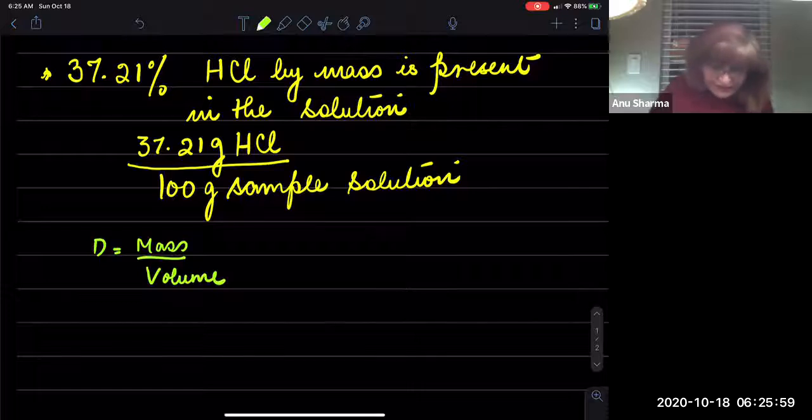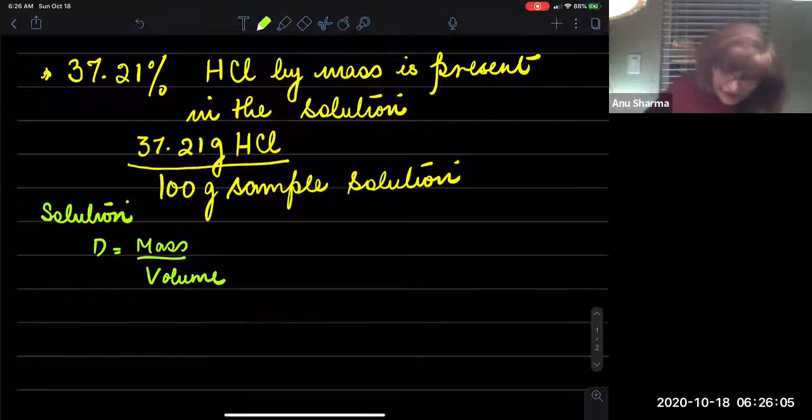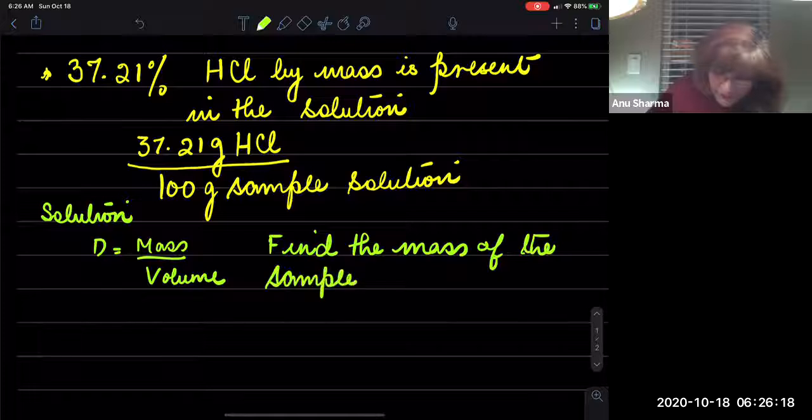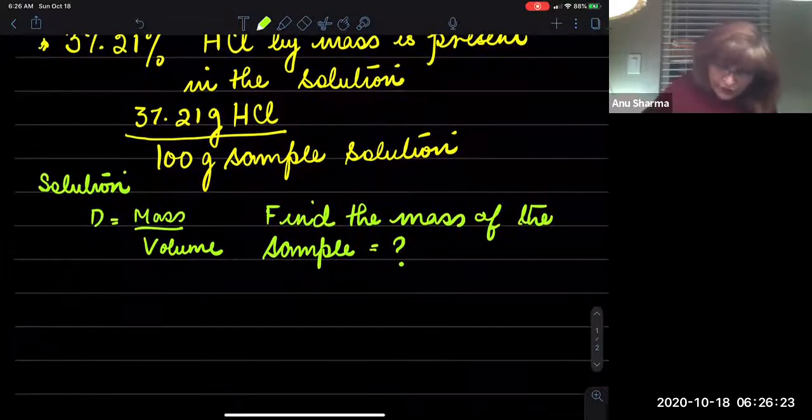Okay, so this is the density of the solution. And we can find the mass. Find the mass of the sample. Okay, how do we do that? That's sample solution.